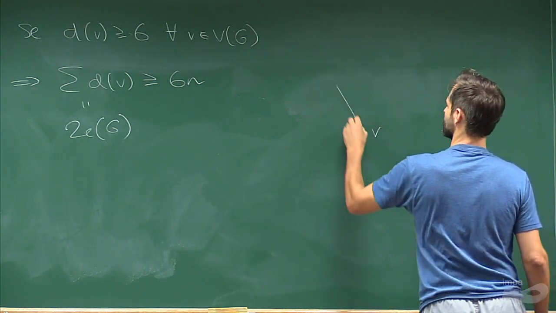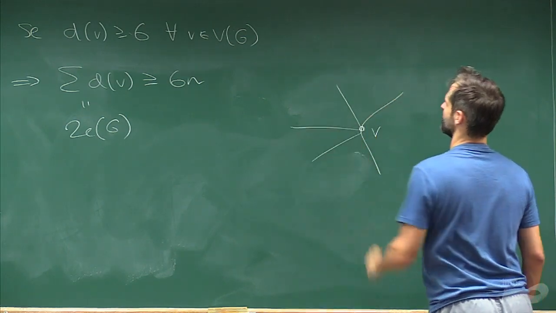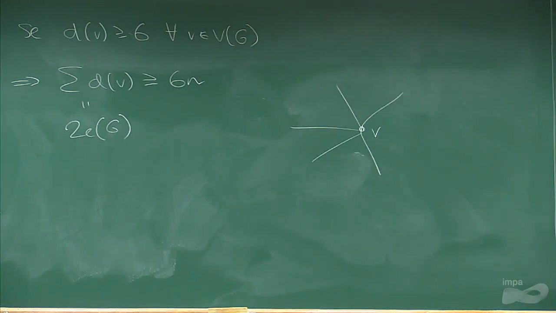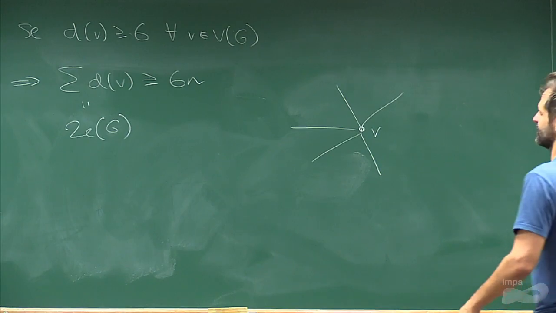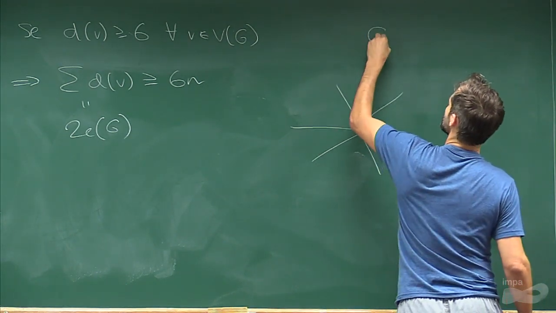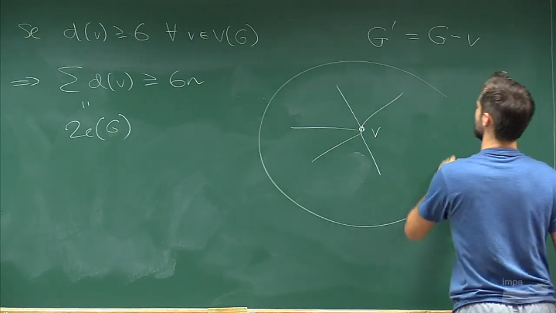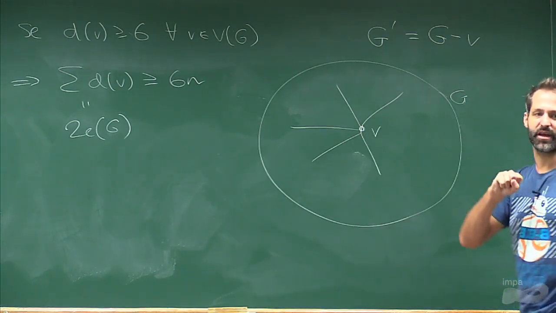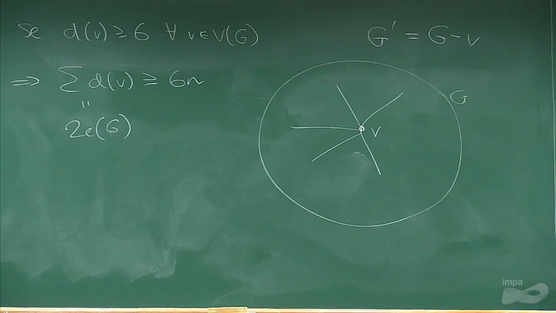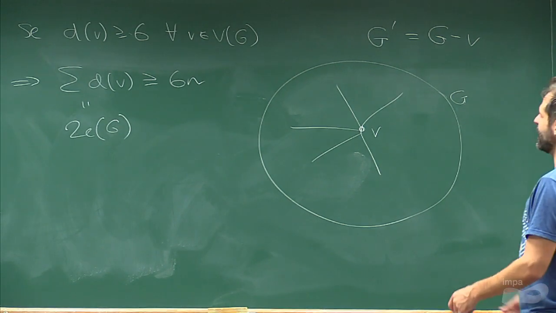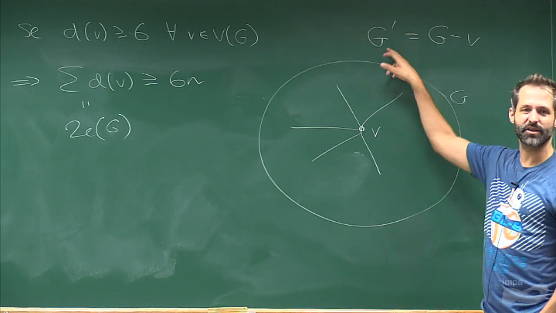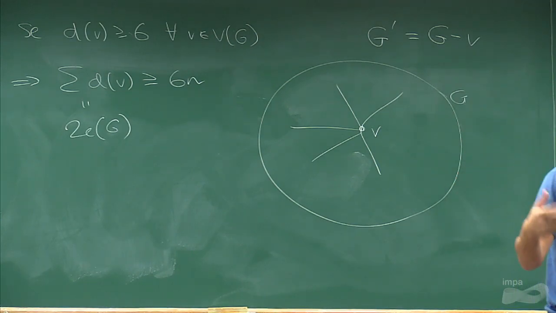There it is. Remove it. Let G prime be G minus v. So here's G, and then we just remove v. By the induction hypothesis, we can color G prime with at most 6 colors in a proper way.